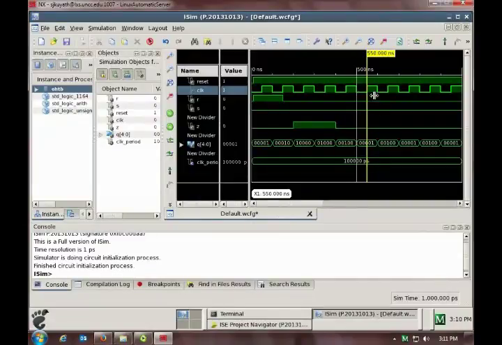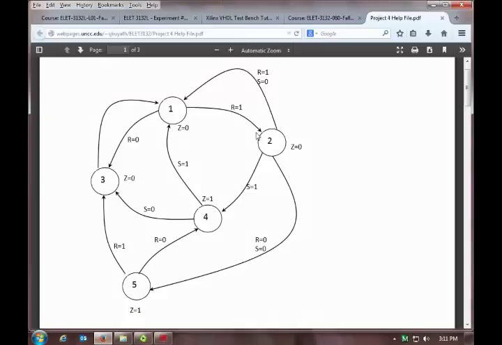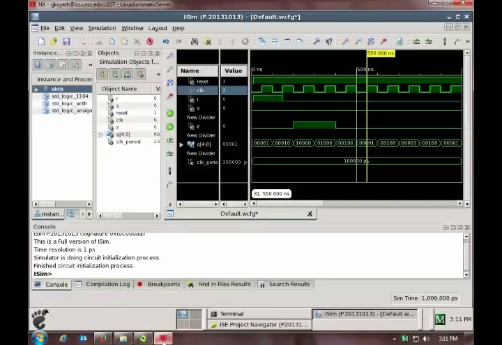And then right here, I think I said I wanted both R to be 1 and S to be 1, so that it would take me to these two. Let's see what happens.